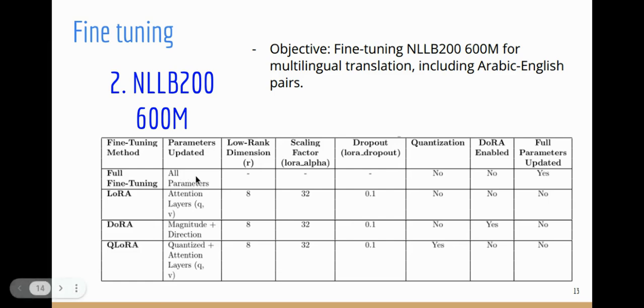In LoRa, we updated only the key and value attention layers. In DoRA, we updated these layers, but before we decomposed them into magnitude and direction. In QLoRa, we added quantization to the LoRa fine-tuning.